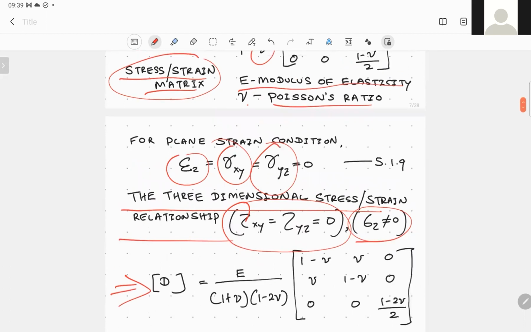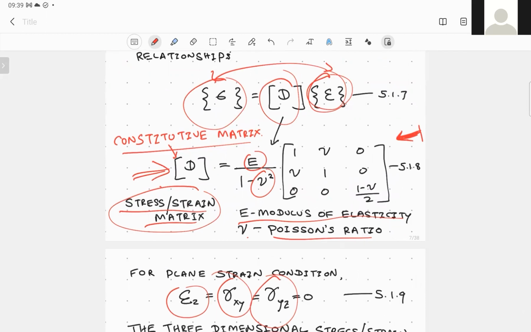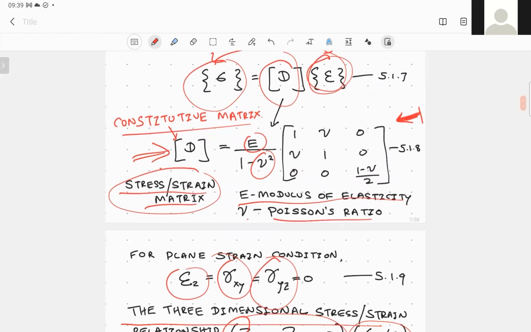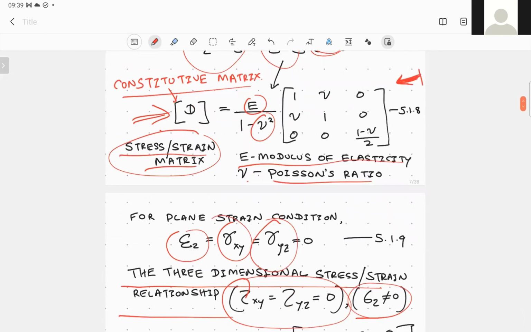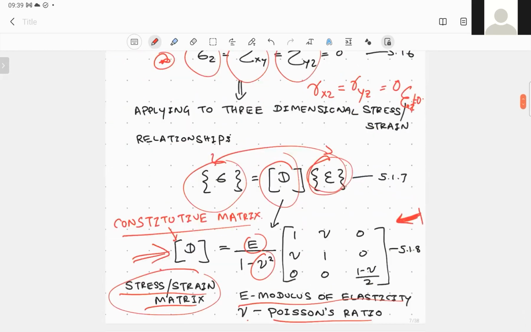Of course, for the plane strain condition, we will have it in the other form.